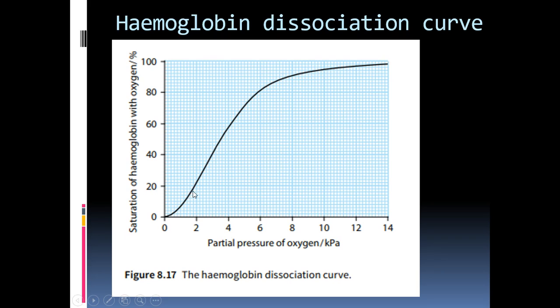Once this oxygen molecule is combined, it becomes successively easier for the second and third oxygen molecules to combine. So the curve rises very steeply. Over this part of the curve, a small change in the partial pressure of oxygen causes a very large change in the amount of oxygen carried by the hemoglobin.